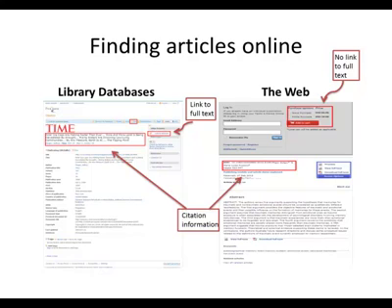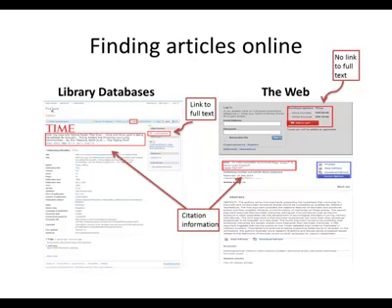Now, if we look to the right example of my search on the web for the Journal of Psychology, we see that no full text is linked, and in fact, the publisher is asking us to pay $86 to access the article. It's important when looking for articles to distinguish the difference between library database articles that have already been paid for versus articles found on the web that require you to pay for them.